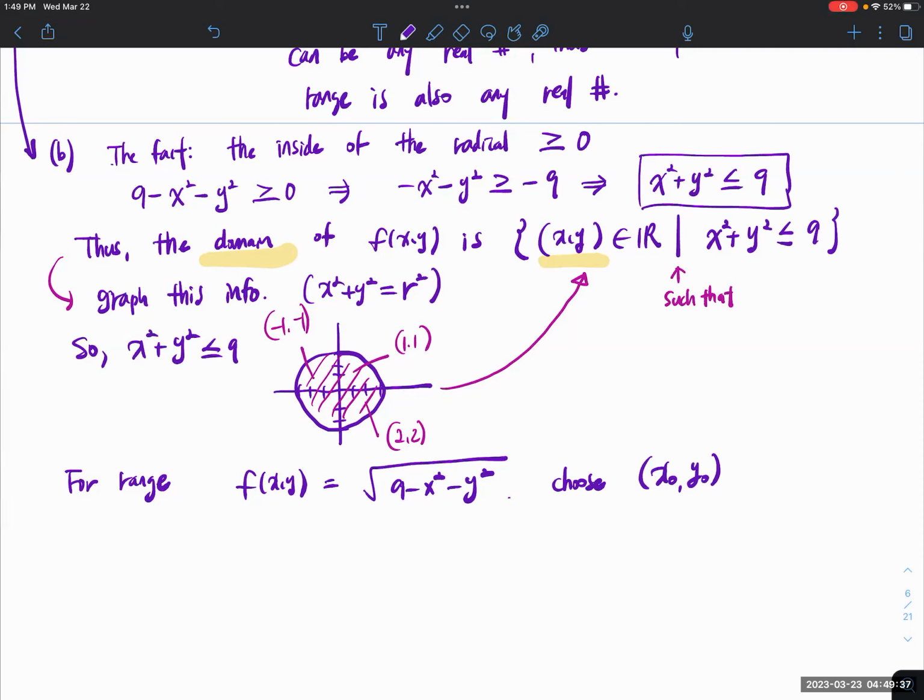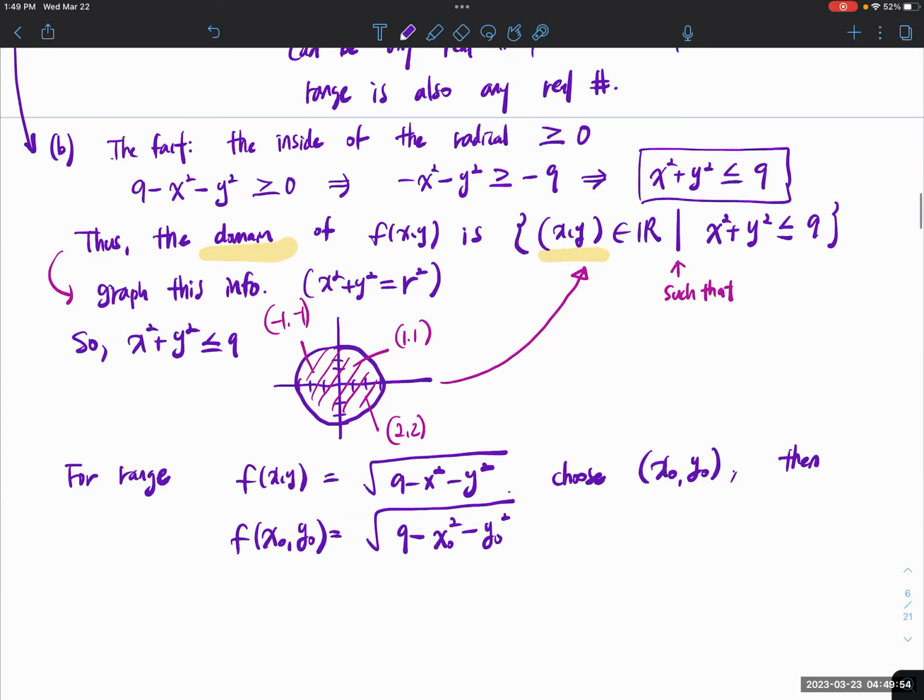Then I'm going to plug it in. So we have f(x0, y0) equals the square root of 9 minus x0 squared minus y0 squared, right?